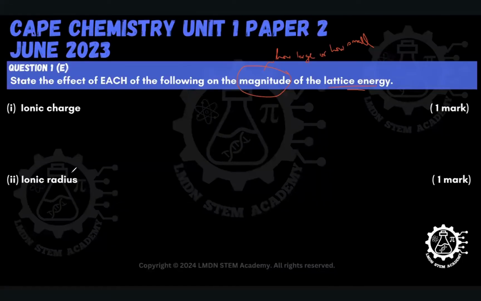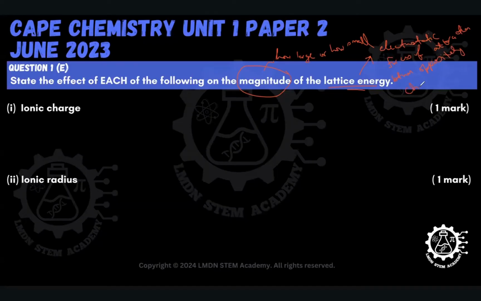And so what we have to remember or orient ourselves with, first of all, is that the lattice energy comes from electrostatic forces of attraction between oppositely charged ions.